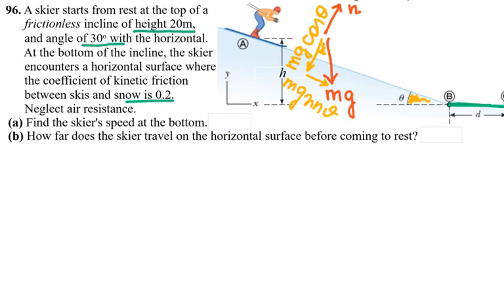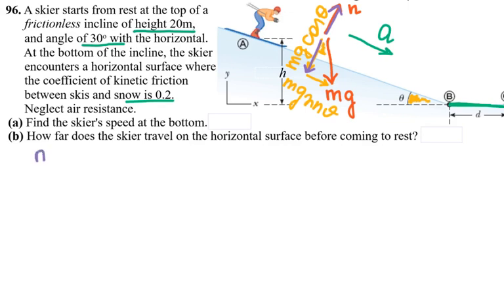So the two forces, the normal force and mg cosine, cancel each other, so there's no acceleration that way. Acceleration is down the incline. So for my free body diagram, I have the normal force and mg cosine.